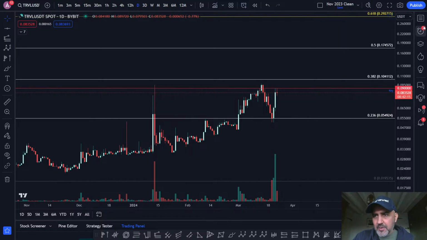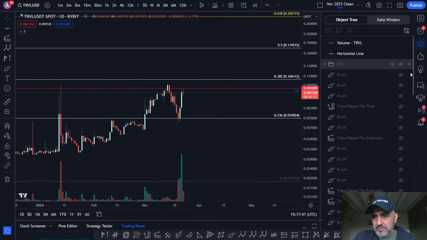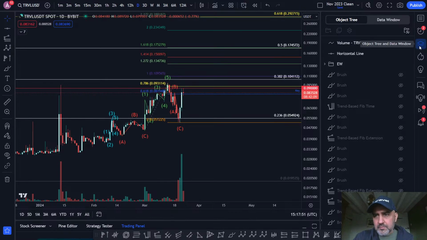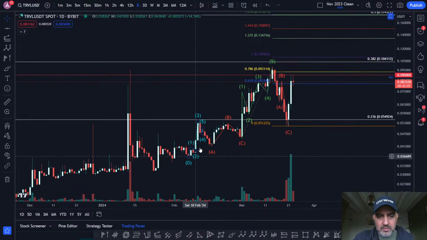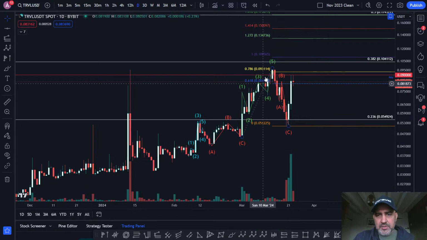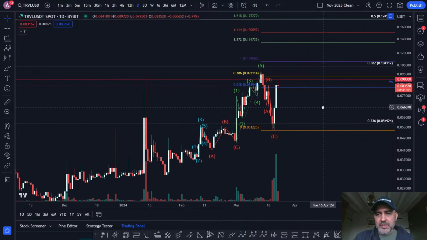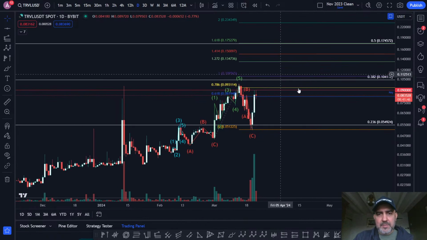Let's go back to our Elliott waves. So potentially 1, ABC, which is our 2, then to 3, 1, 2, 3, 4, 5, to 3, ABC, down to the 4, and now we're in our last wave before we see a bit of a correction.